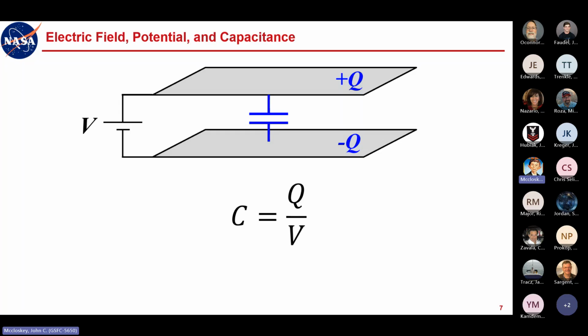Bruce Archambault describes a capacitor as a bucket of electrons, or a bucket of charge, right? The bigger the bucket, the more charge you can hold for a given potential. But anyway, capacitance is defined as charge divided by potential.